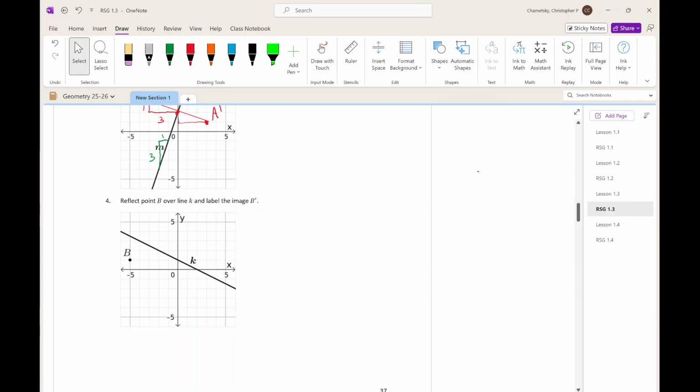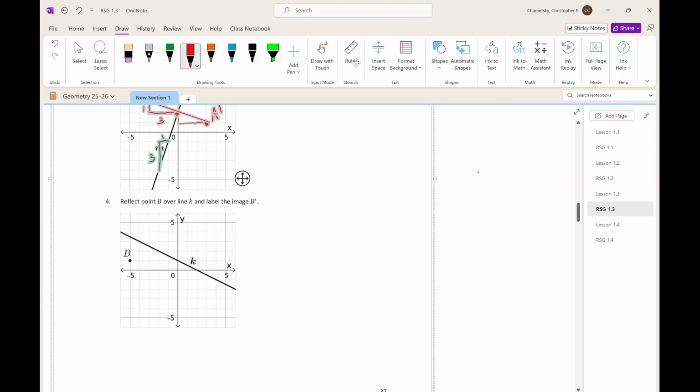All right. Reflecting point B over line K. Checking out our slope for this one, we need a couple of points on our line to figure out what that slope is going to be. We can just use those two right there, and we can see that this is going to have a slope of -1/2.